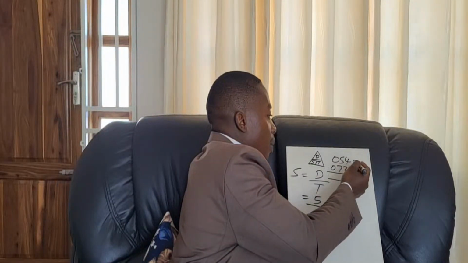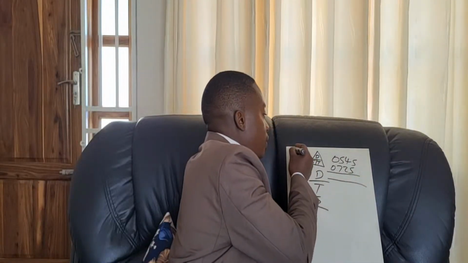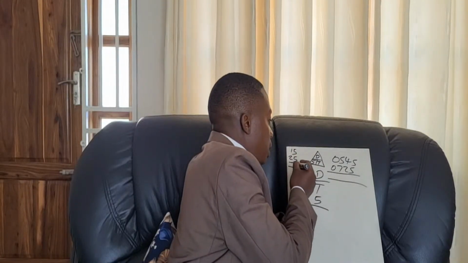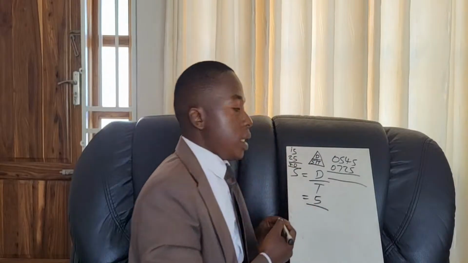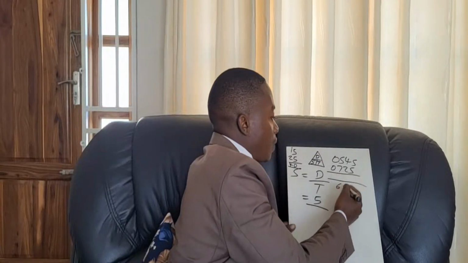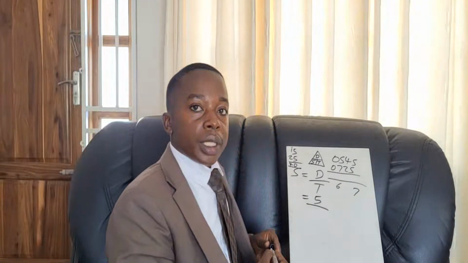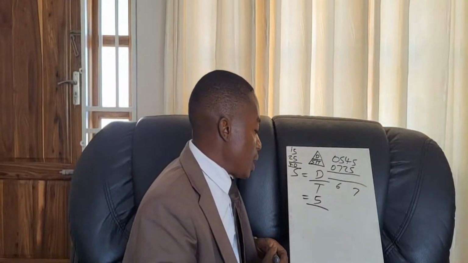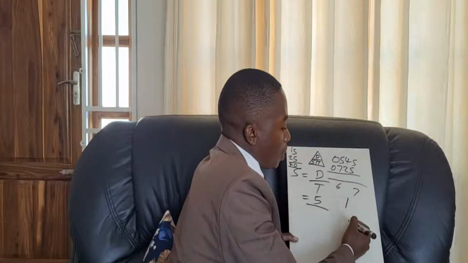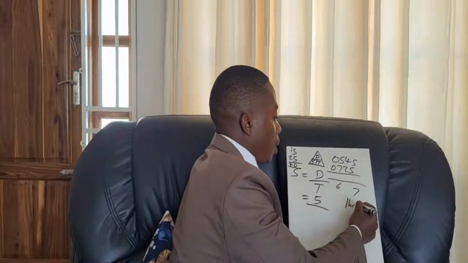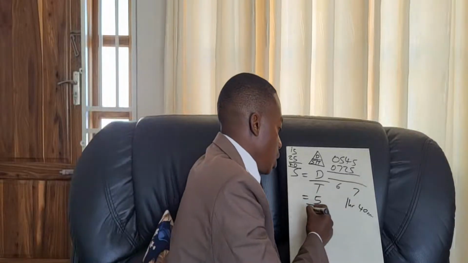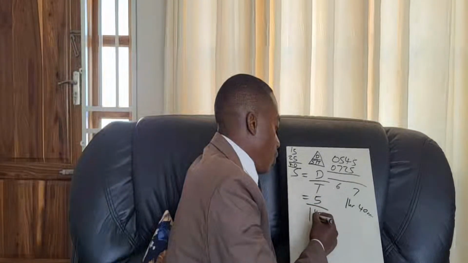From 5:45 to 7:25 it is 1 hour 40 minutes. So we are going to write this. Remember, this 40 is over 60, so it is 1 and 40 over 60.